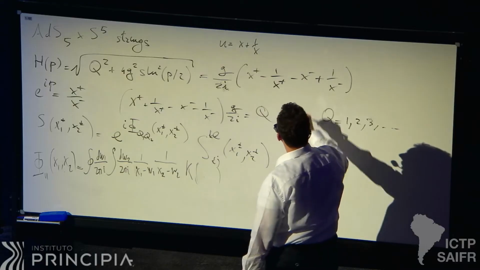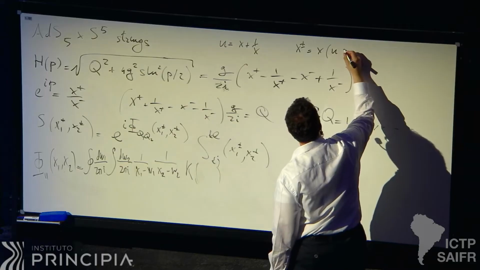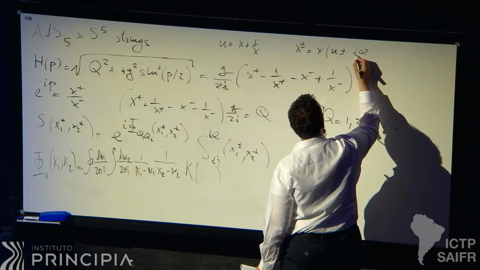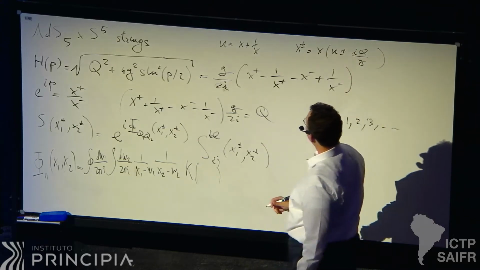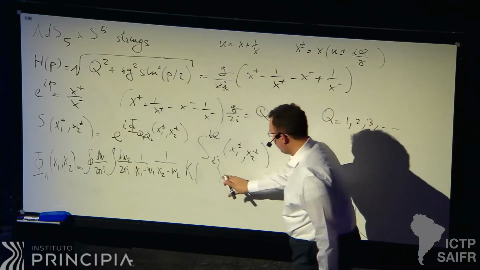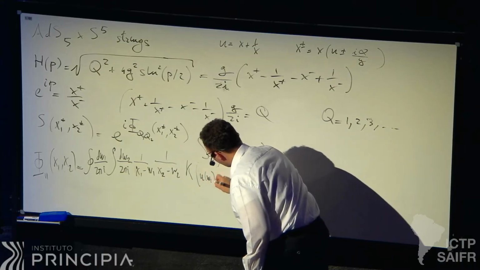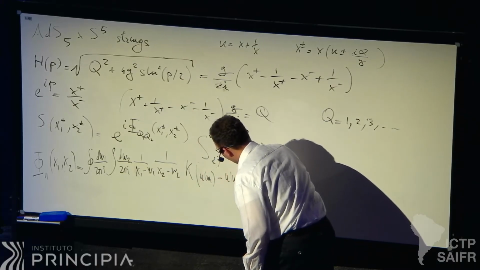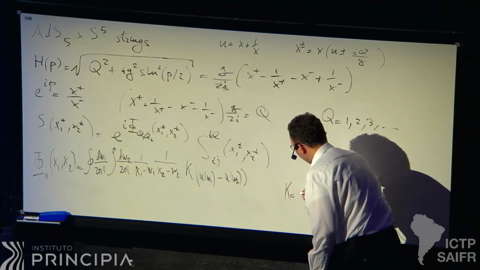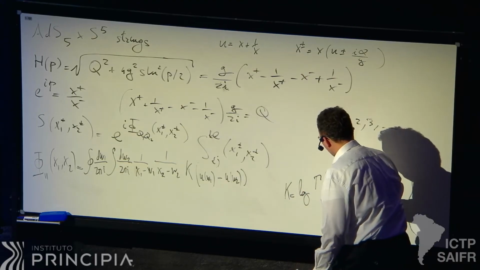And in terms of this, you can say that x plus minus are just written as x of u plus minus i Q over g, or something like this. This resolves the fact that these two variables are constrained. And then this K can be written in this way: it depends on the difference of u of w1 and u of w2. The explicit form of this kernel is given in terms of some log gamma functions.